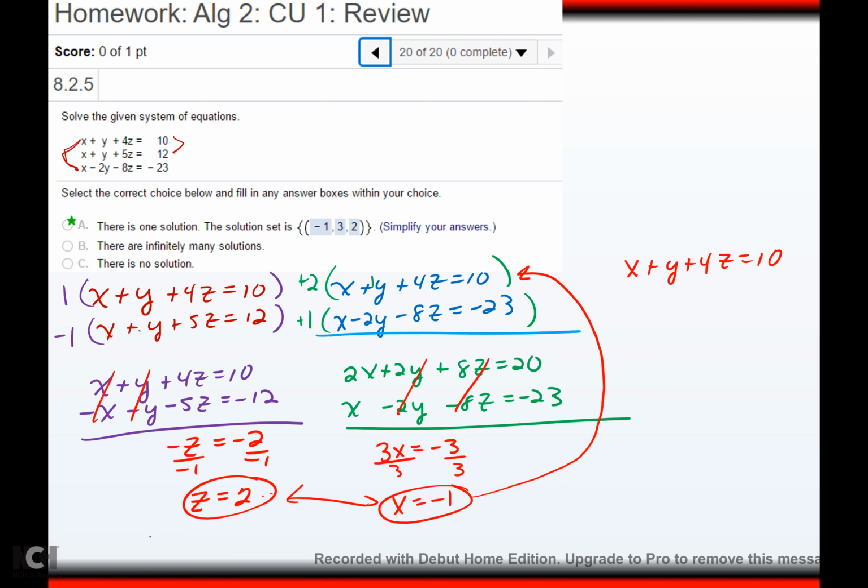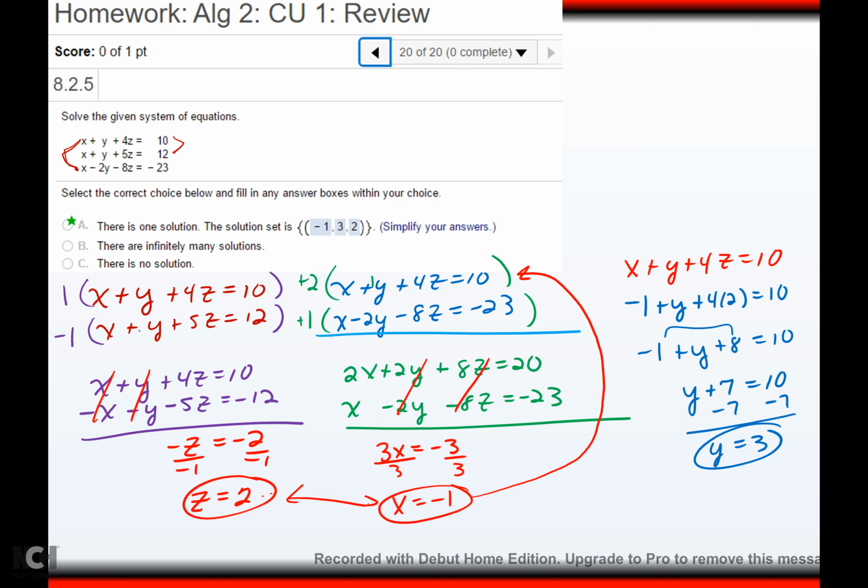Plug in my information, I have negative 1 plus y plus 4 times 2 equals 10. That's negative 1 plus y plus 8 equals 10. That's y plus 7 equals 10, minus 7, and y equals 3. So my ordered triple is negative 1, 3, 2.